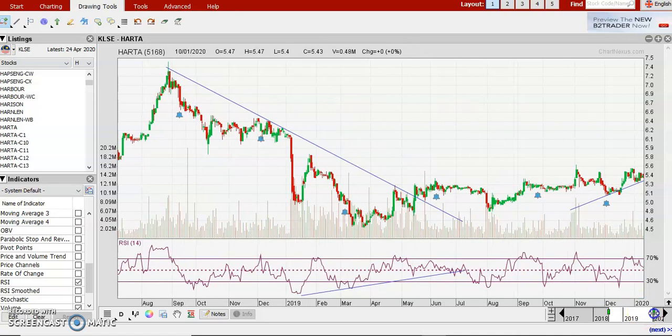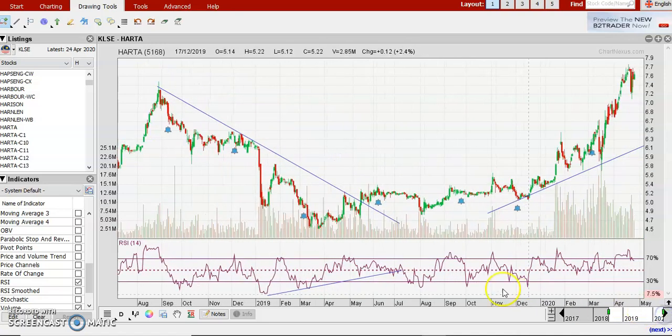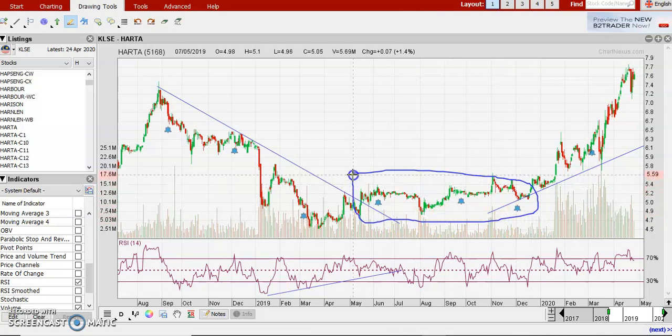As I mentioned just now, this buying signal during a sideway, we can see that the RSI is very volatile, moving up and down.